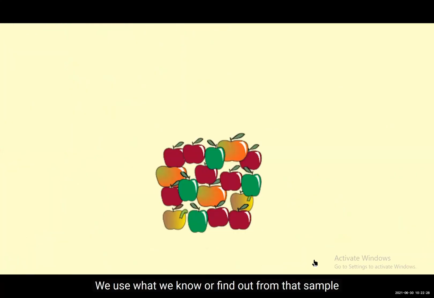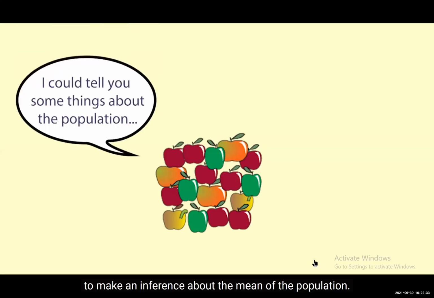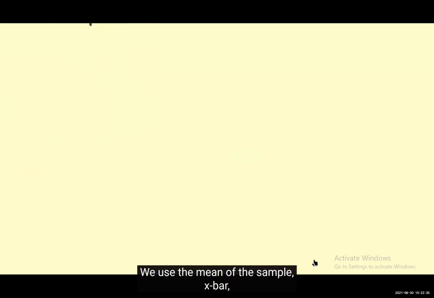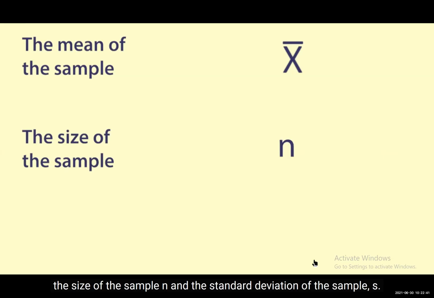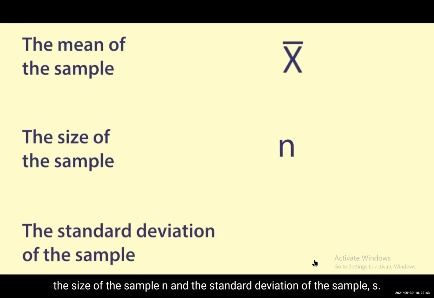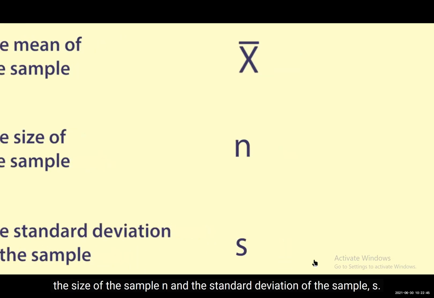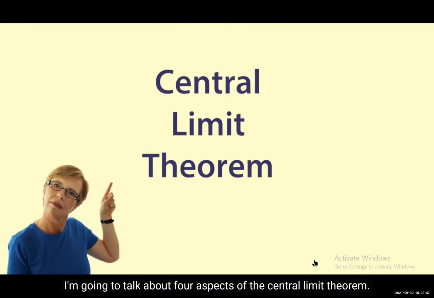We use what we know or find out from that sample to make an inference about the mean of the population. We use the mean of the sample, x bar, the size of the sample, n, and the standard deviation of the sample, s.